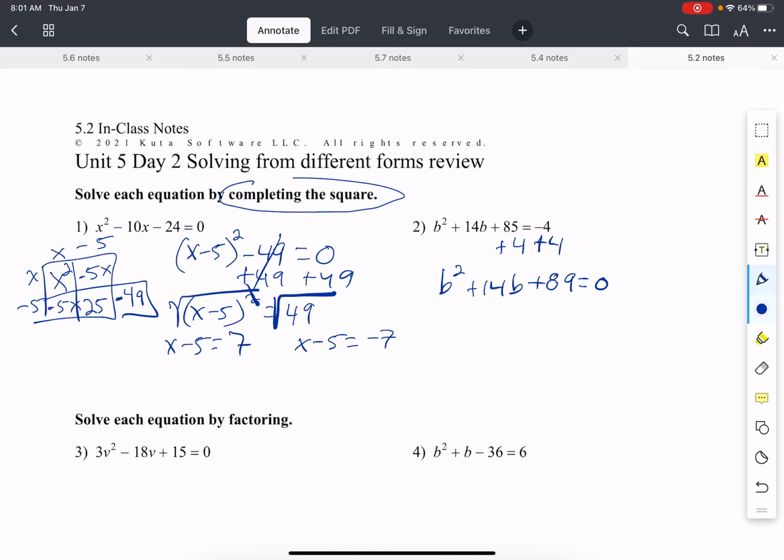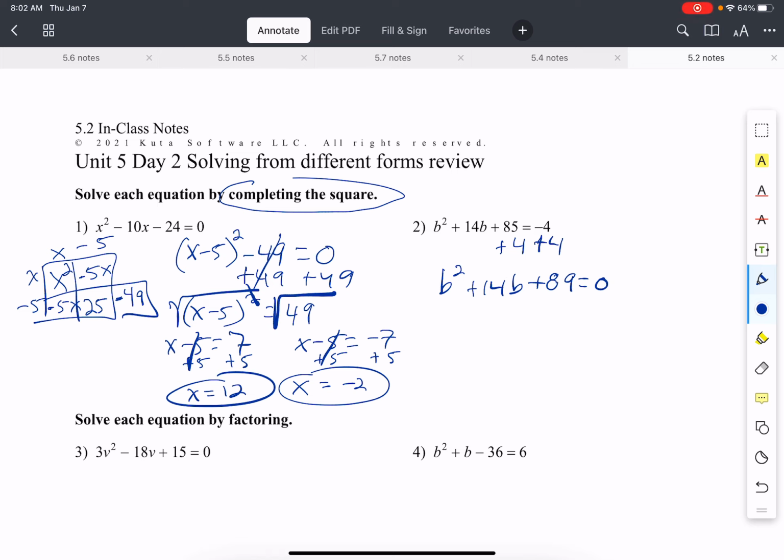This is the biggest mistake you guys will make on this, is you do your plus or minus at the end, but it doesn't happen at the end. It happens when you square root, okay? Then I'm going to add my 5. So x equals 12, and x equals negative 2.